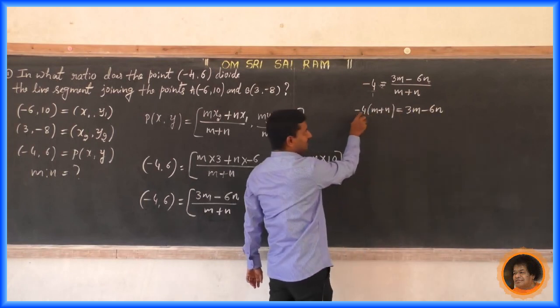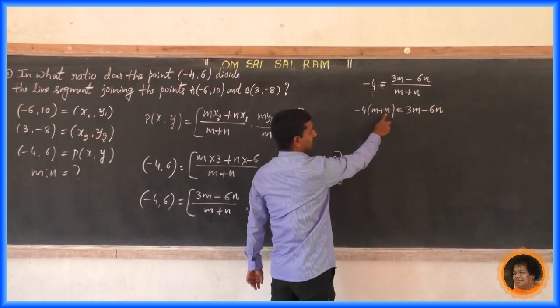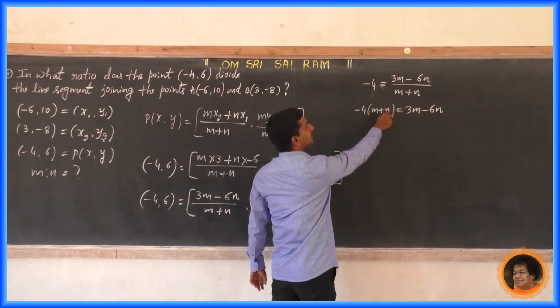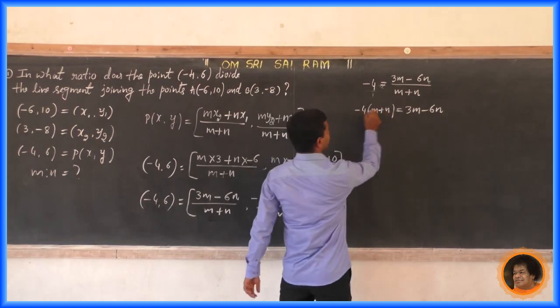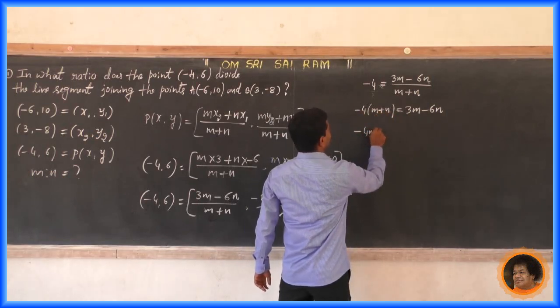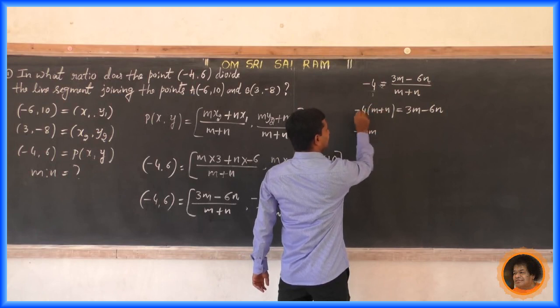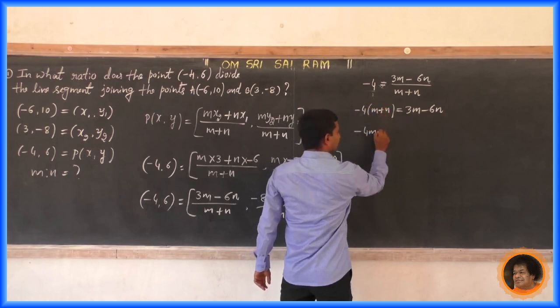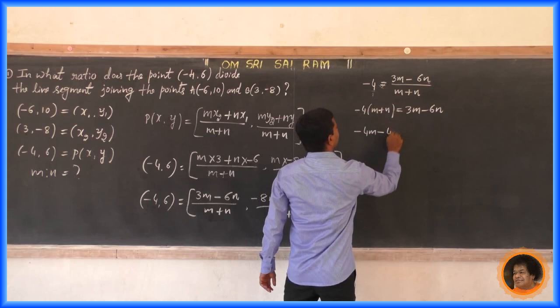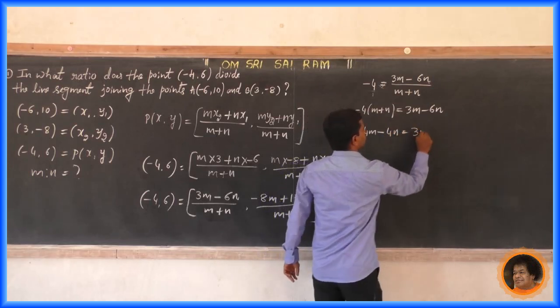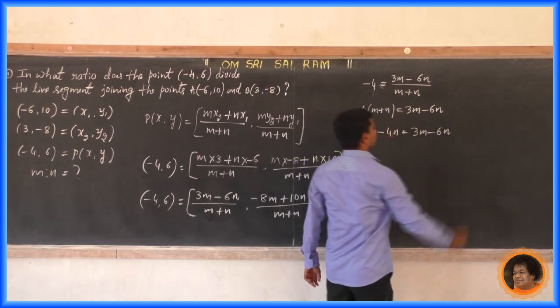So this one is a monomial and the next one is a binomial. Now multiply the monomial into each term of the binomial. -4 into m is -4m. Look at the sign, minus into plus, that is -4 into n, -4n, equals 3m minus 6n.